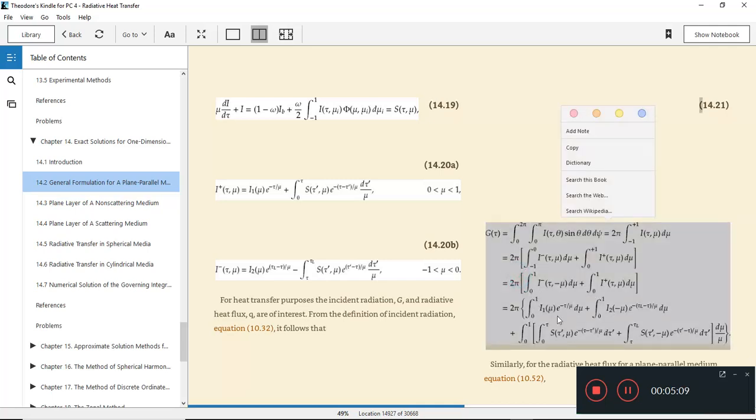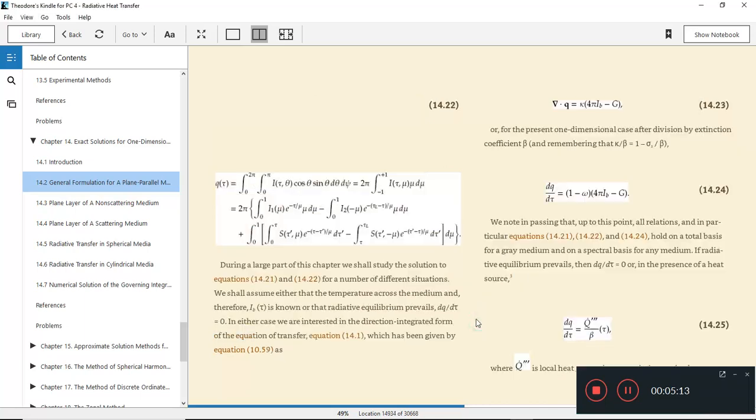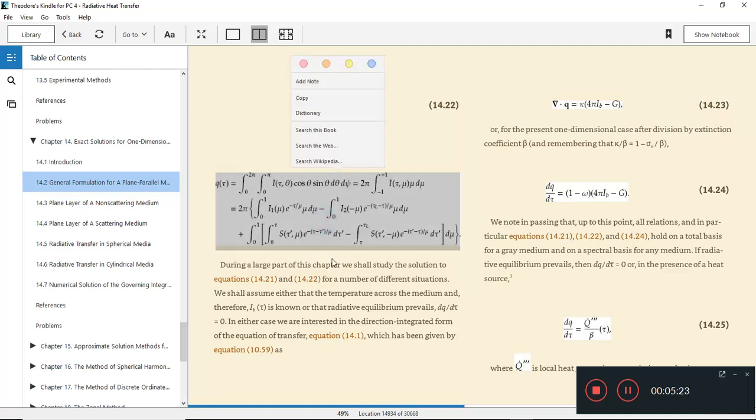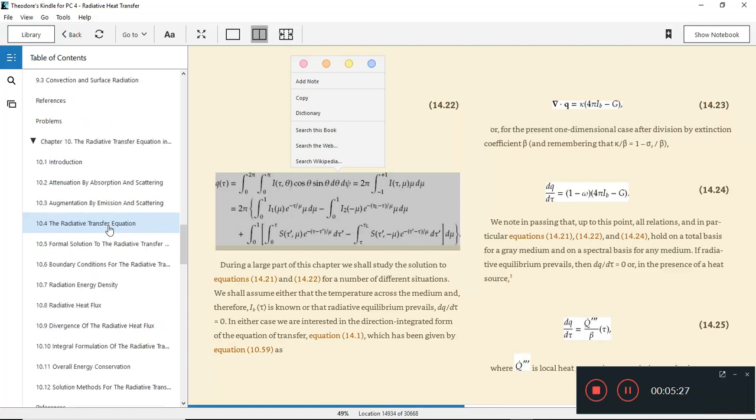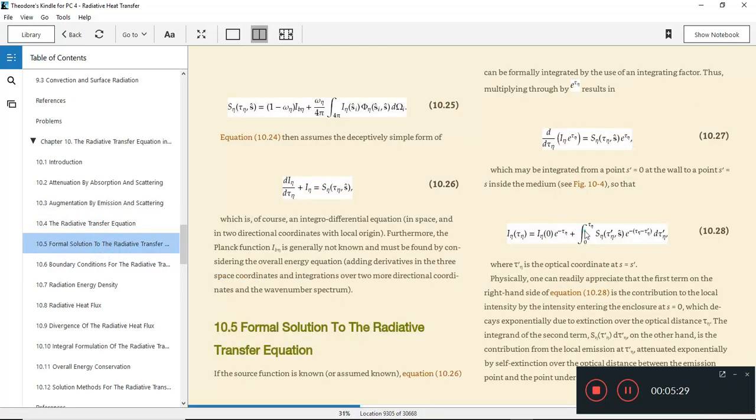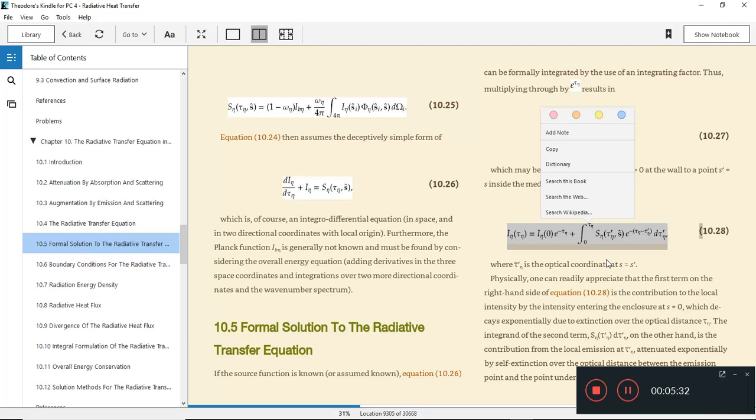Take a look at how complicated these equations are, and try to imagine what is going on in the medium physically. It gets very hard the more symbols you introduce. So the advantage of equation 10.28 here is that it helps us to see, at least in a very simple mathematical manner, what is going on.